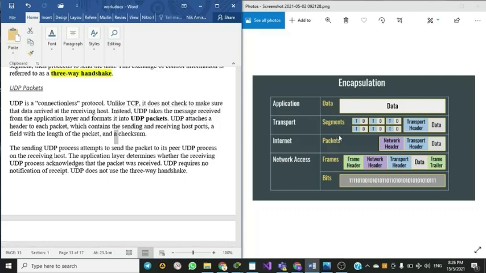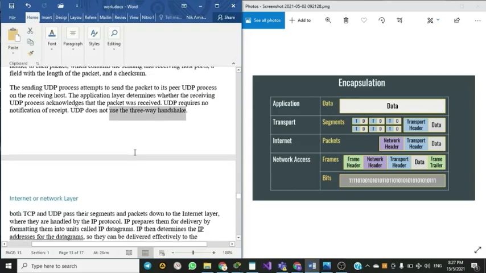So another checksum here. The application layer determines whether the receiving UDP packet is acknowledged. UDP requires no notification of receipt. UDP does not use the three-way handshake.